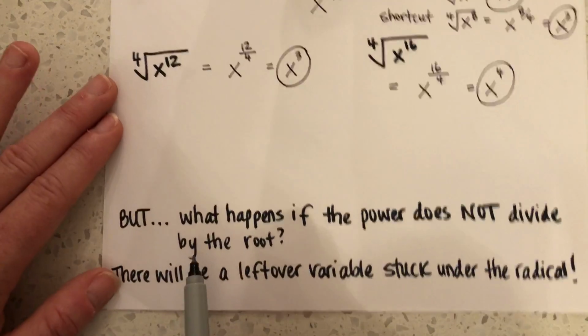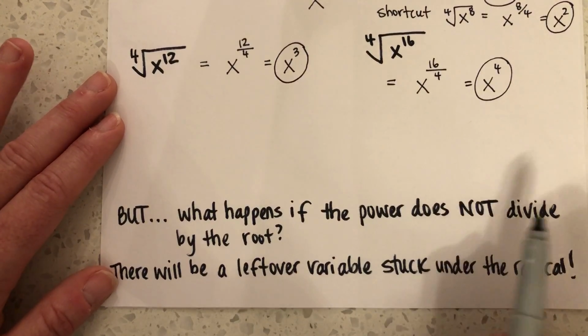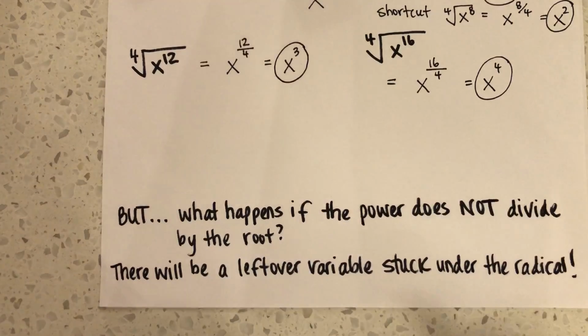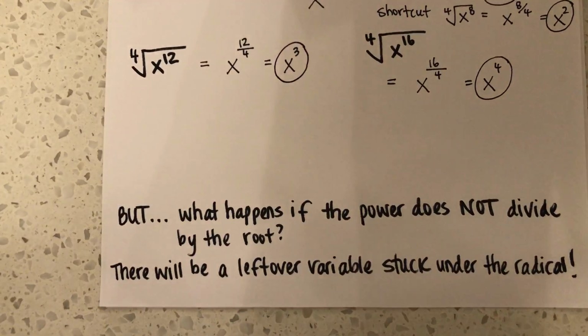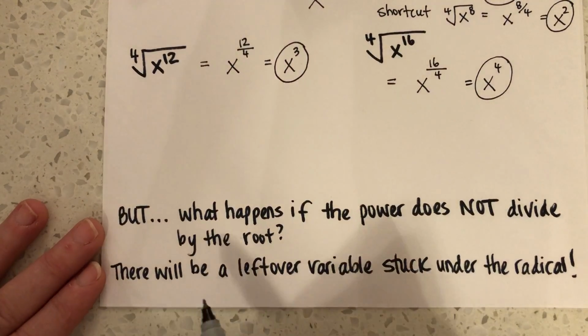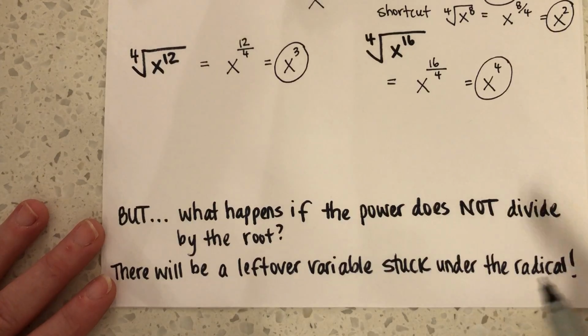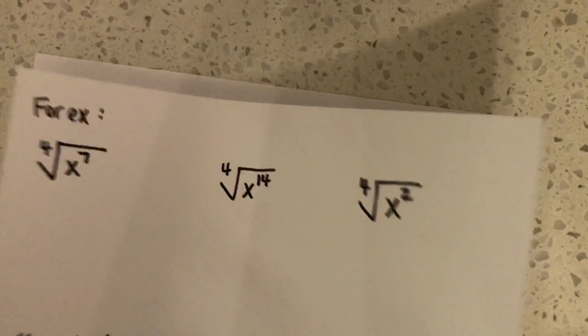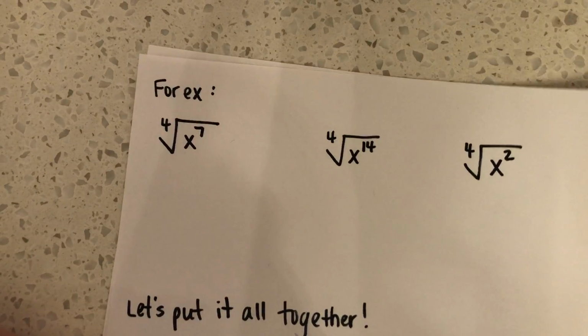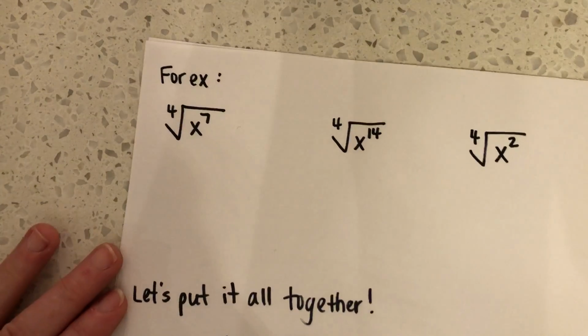But what happens if the power does not divide by the root? Well, again, you should have seen this with square roots and third roots. There's going to be a leftover variable stuck under the radical. Okay? So look here. What if I asked you to take the fourth root of x to the 7th, right?